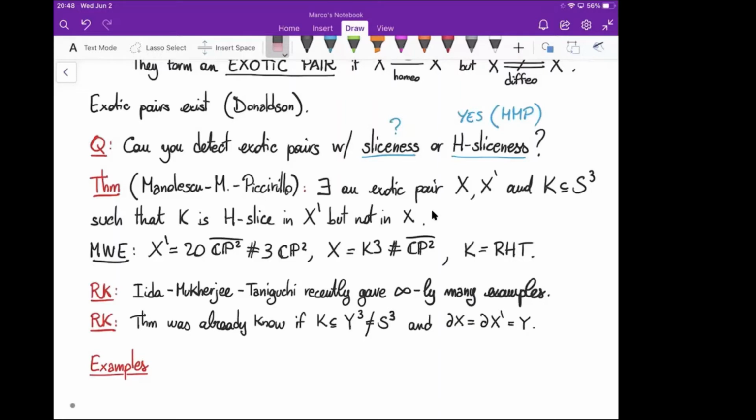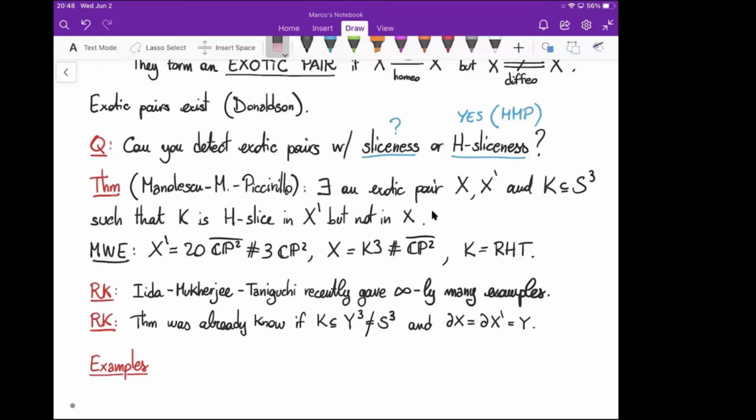And maybe I want to mention that the theorem was already known if you consider knots inside some 3-manifold different from S3, and if you consider 4-manifolds X and X prime that are not closed, and for which the boundary is that 3-manifold Y. So for instance, here one could take Akbulut corks.